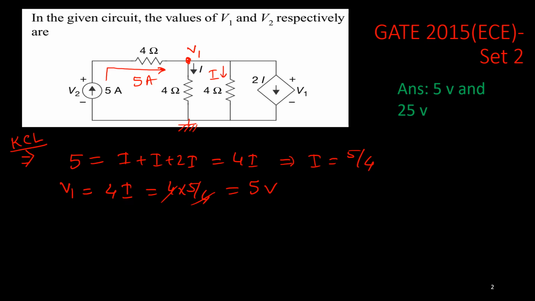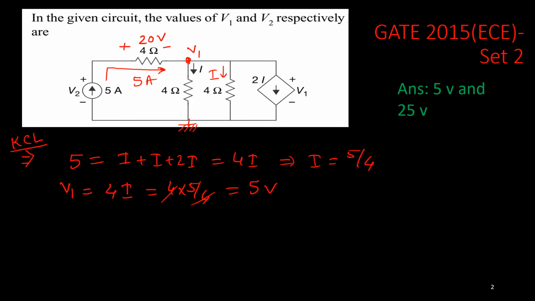Now we need to calculate V2. As 5 ampere current is flowing through the circuit, the potential drop across this 4 ohm resistance will be 4 into 5, which is 20 volt.